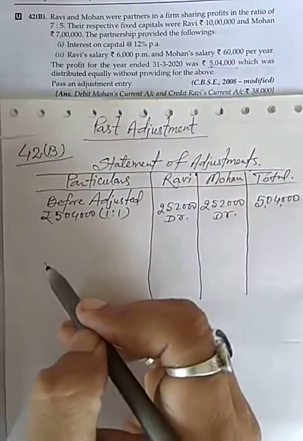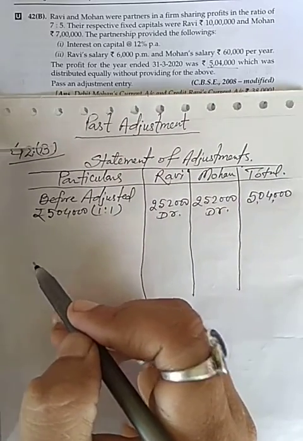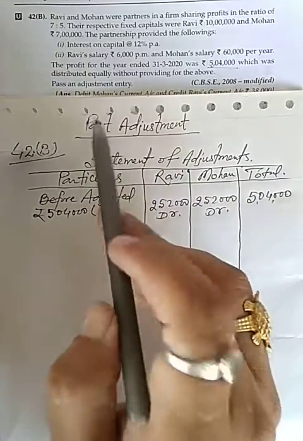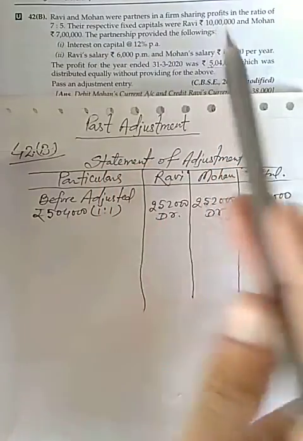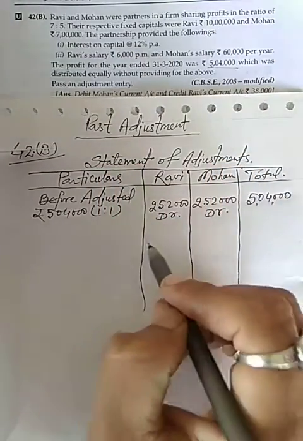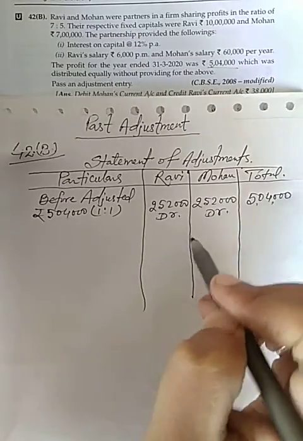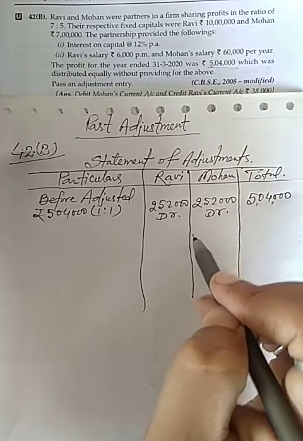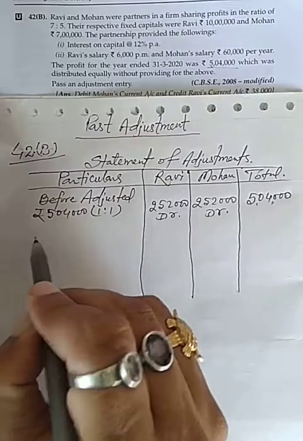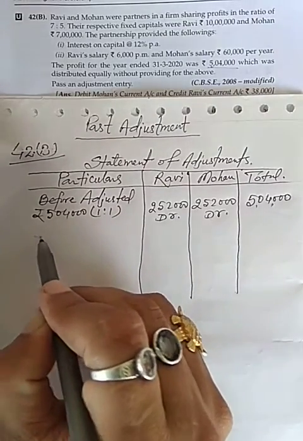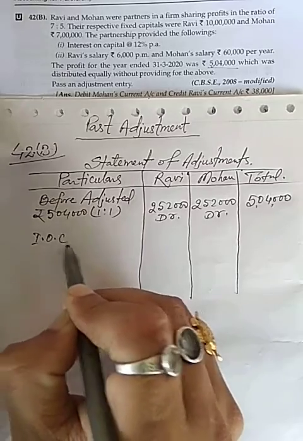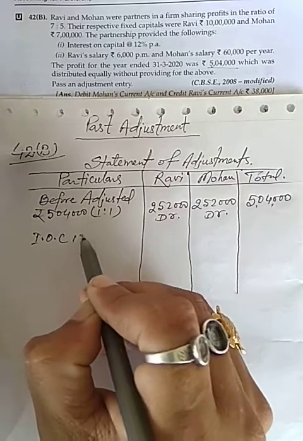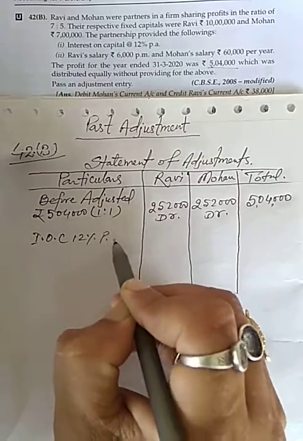Now student, the question says interest on capital at the rate of 12% per annum. So now we have to adjust interest on capital 12% per annum.